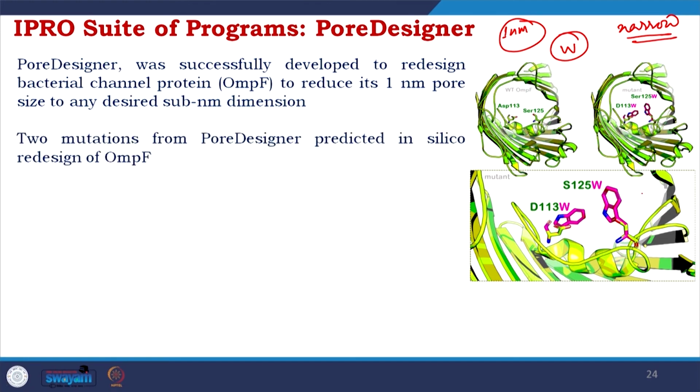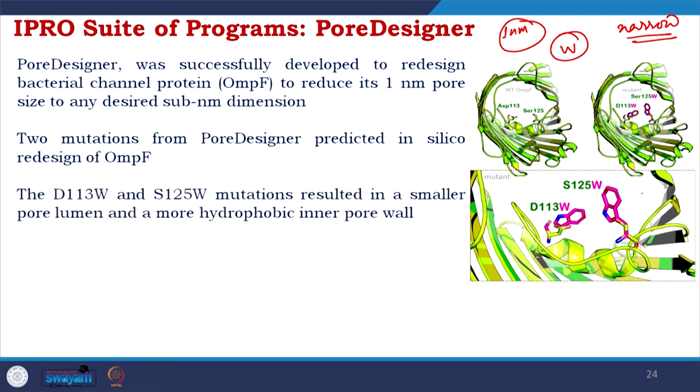So, 2 mutations from 4 designs predicted in silico redesign of OmpF protein, the aspartate 113 tryptophan and serine 125 tryptophan mutations resulted in a smaller pore lumen and more hydrophobic inner pore wall.